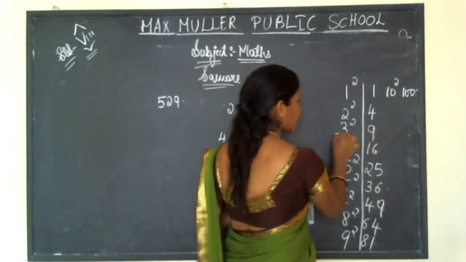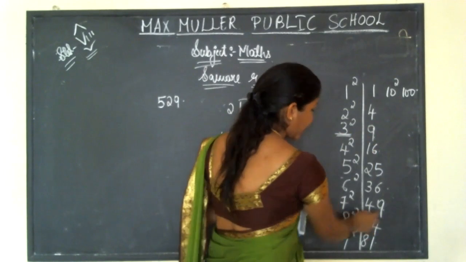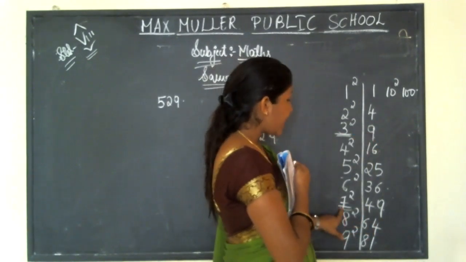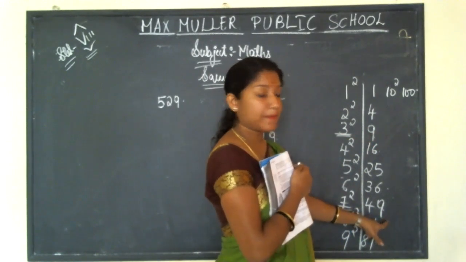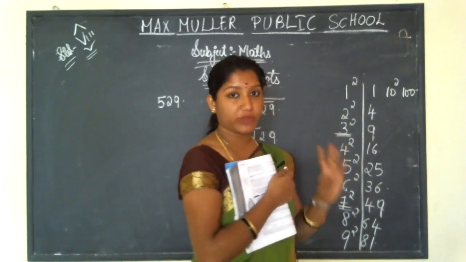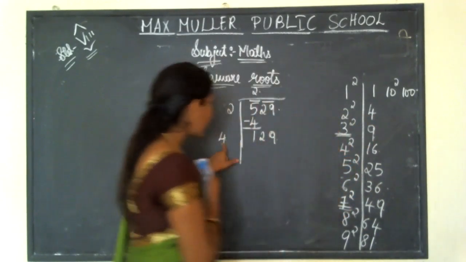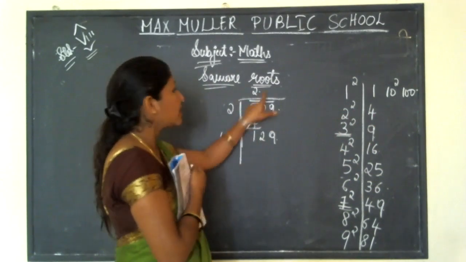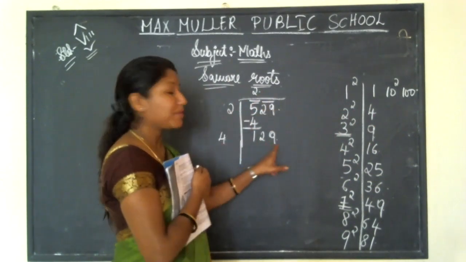One is 3, or else the other one is 7. Here 3 square is 9 and 7 square is 49. The last digit, the ones place, is 9, you have to see. So here 43 into 3 or else 47 into 7 will be this number.